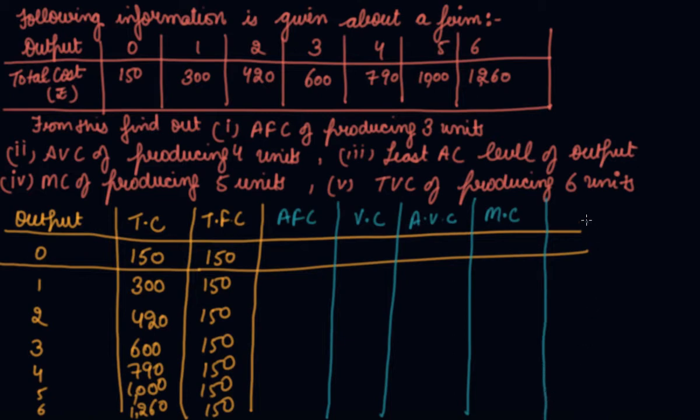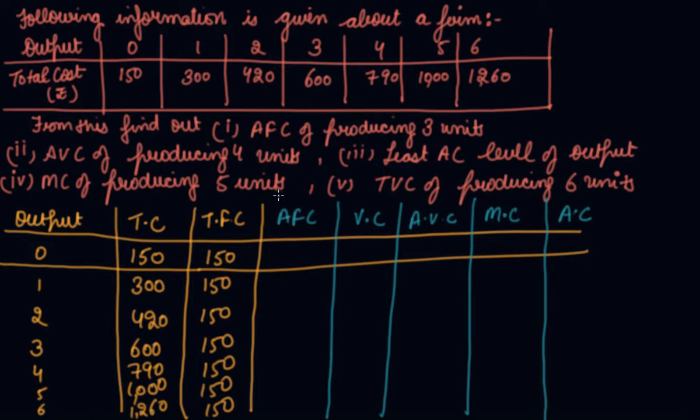Then your total variable cost, and then your average cost, and the least average cost. So these are the costs that you have to find out from this given information.